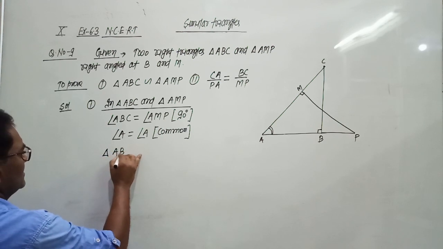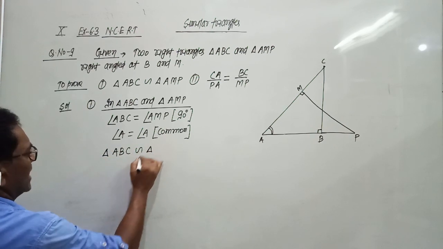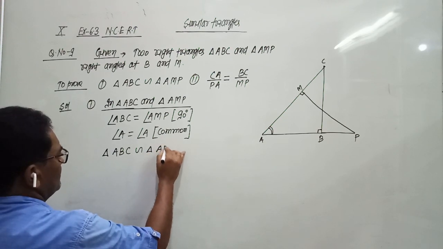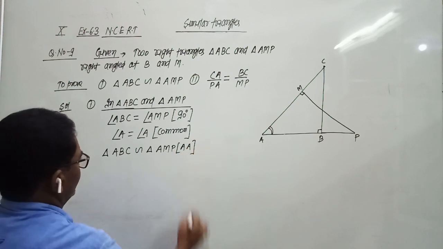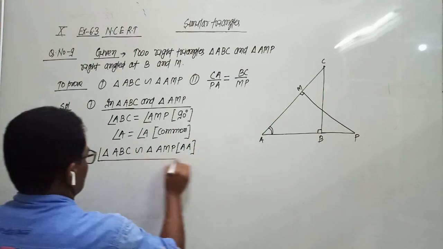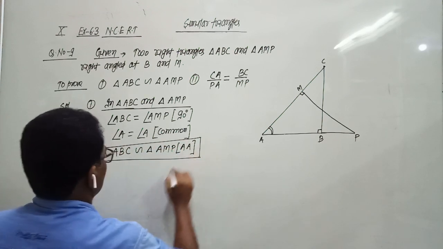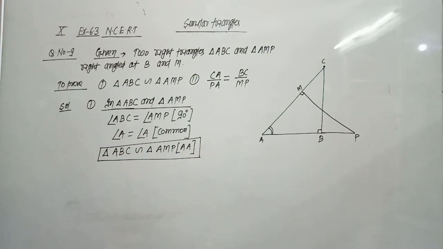Triangle ABC is similar to triangle AMP by AA similarity criteria. So this is the first part which we proved. Now if these two triangles are similar, then their sides must be in proportion.